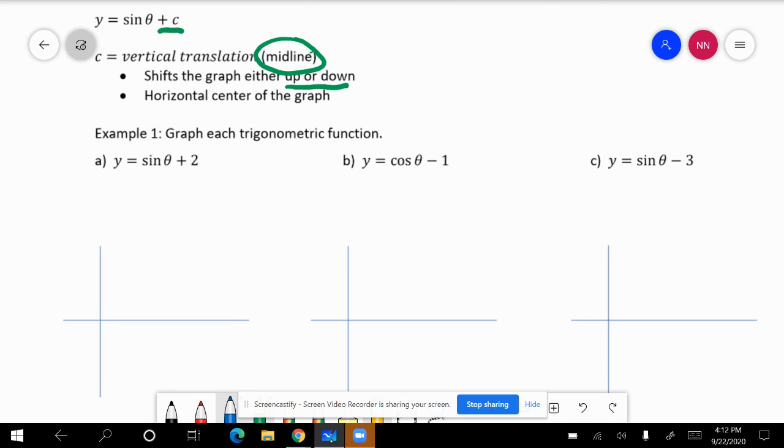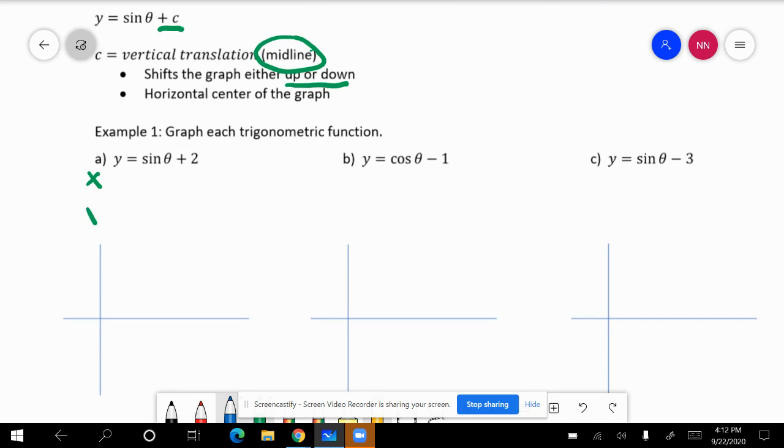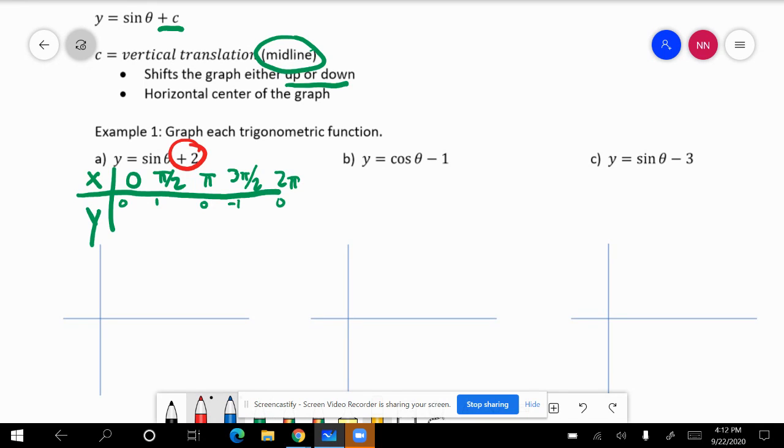Now, the first thing that we're going to do is we're going to create a table. This table is going to be based off of our sine values that we had before. So our sine values before were 0, 1, 0, negative 1, and 0. What we're going to do is we're going to add 2 to each one of those.